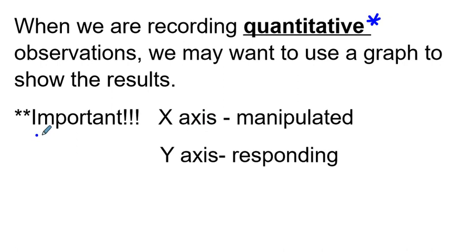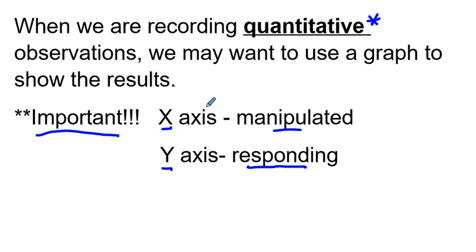And when we plot those points on a graph, always remember that your x-axis is where you put your manipulated variable and your y-axis is where you plot your responding variable. This is true for any type of graph in which you're recording results of an experiment.